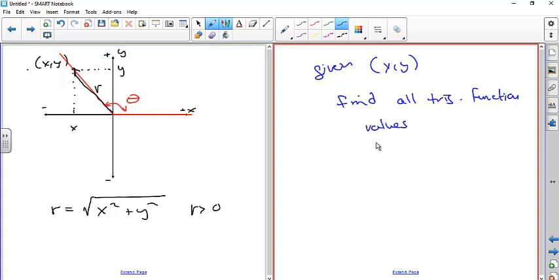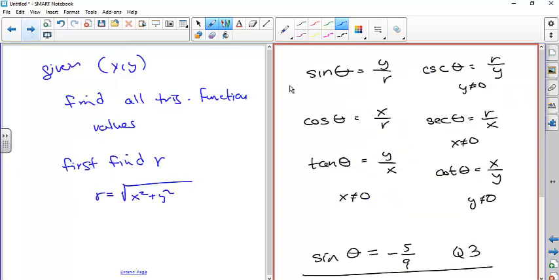And to do that, first find r, where r is equal to the square root of x squared plus y squared. And once you have r found, then use these definitions to find the trig functions. Okay, so that's the one.